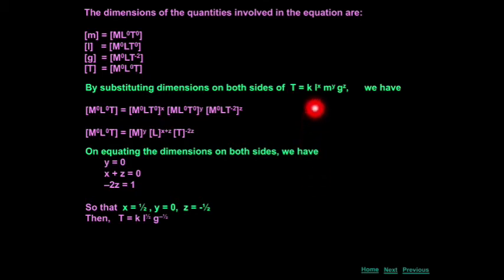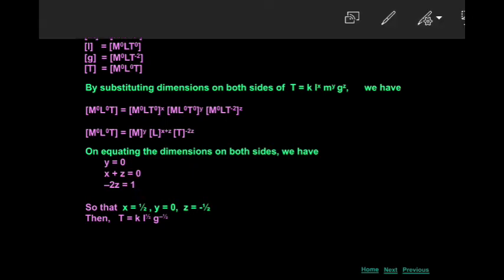Here see the value: K into L power X. What is the X value? 1 by 2. What is the Y value? 0. M power 0. What is M power 0? Anything power 0 is 1, so we are neglecting the M value. What is G power Z? What is the Z value? Minus 1 by 2. Then the value of T will be modified into this equation form.